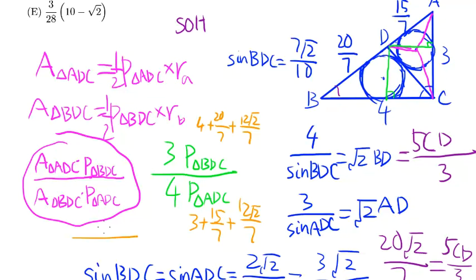It's 15 plus 28 plus 20 plus, you should get 4 plus root 2, 3 plus root 2.